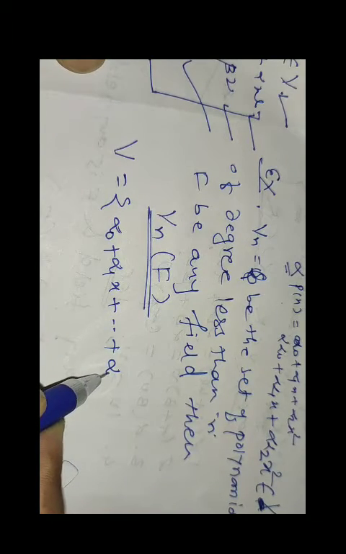I consider the polynomial alpha naught plus alpha 1 x up to alpha n minus 1 times x power n minus 1.